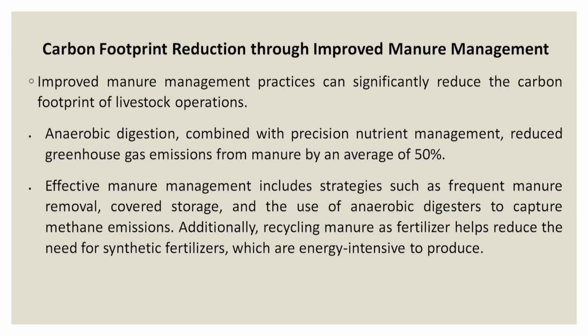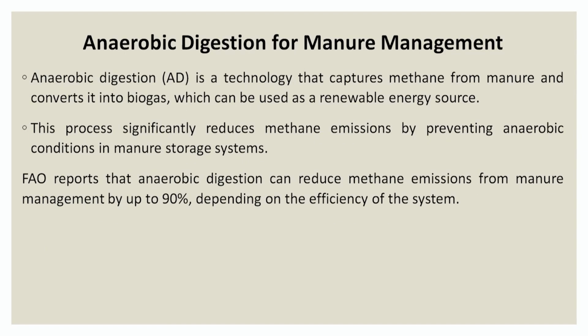Effective manure management includes strategies such as frequent manure removal, covered storage and the use of anaerobic digesters to capture methane emission. Additionally, recycling manure as fertilizer helps to reduce the need for synthetic fertilizers, which are energy intensive to produce.